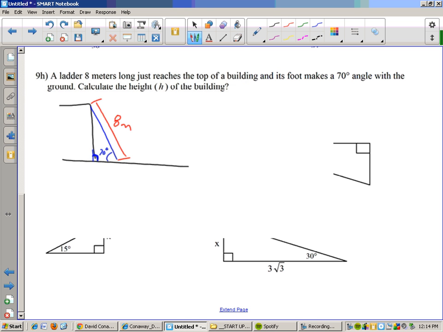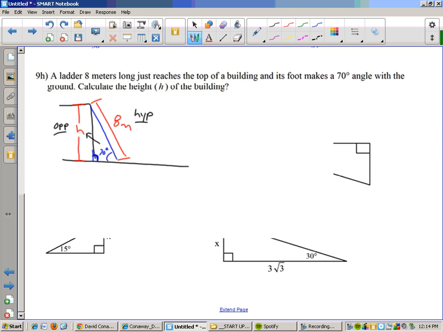Now they want us to find the height of the building H. This is a right triangle, so we can use trig with it. From 70, H is opposite. 8 meters is hypotenuse.